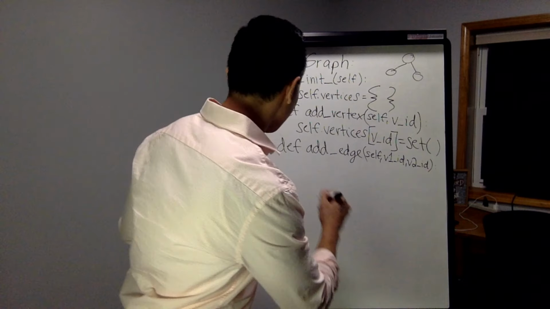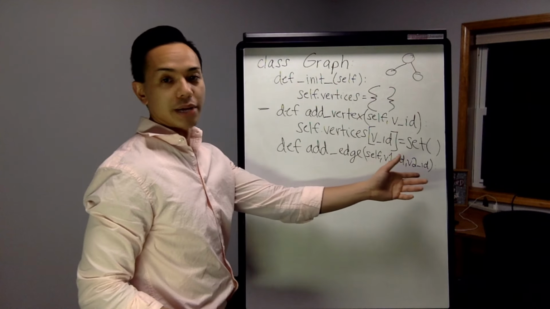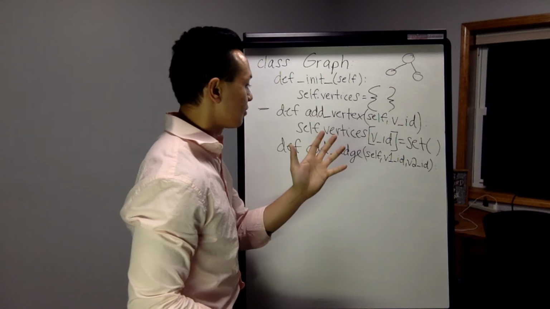Moving on. I'm going to use an if statement to evaluate whether or not these parameters being passed in actually exist within our current graph.